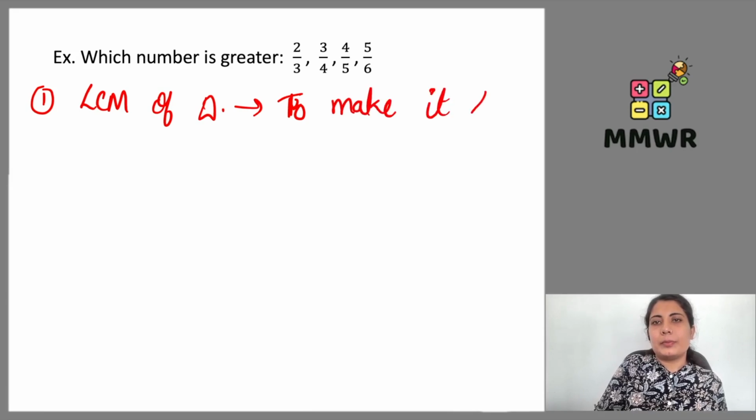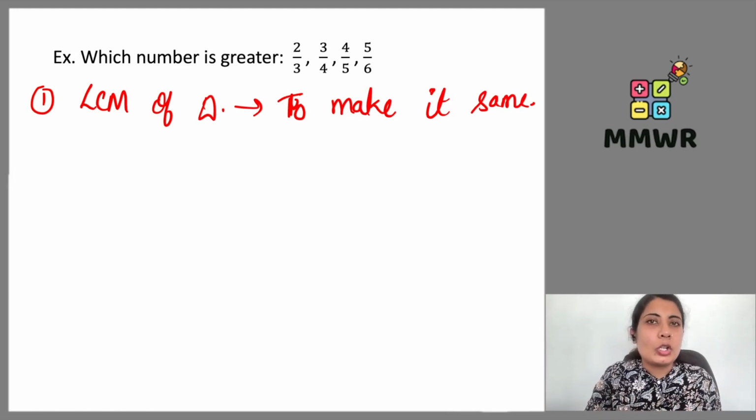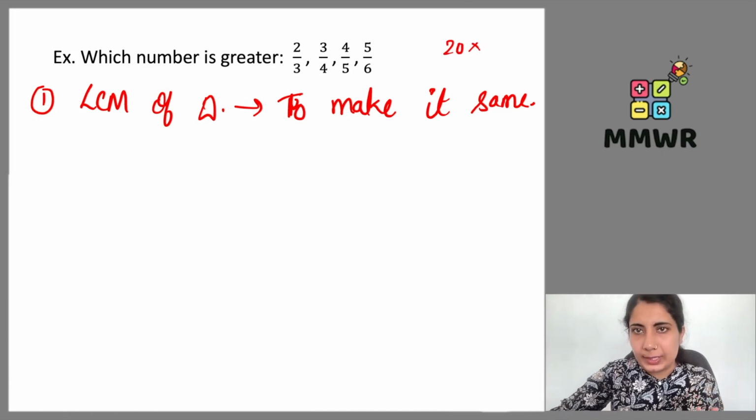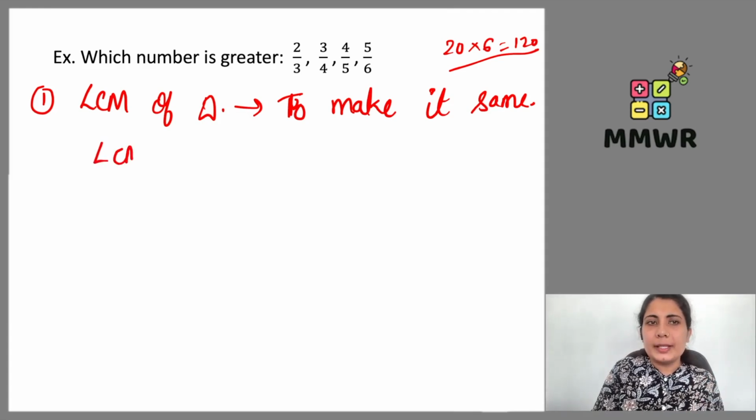Here we have 3, 4, 5, 6 in the denominator. So the LCM is going to be 5 fours are 20, and I think it will be 120, right? So 120 will be the LCM here. So this is one of the methods. We can find out the LCM 120.